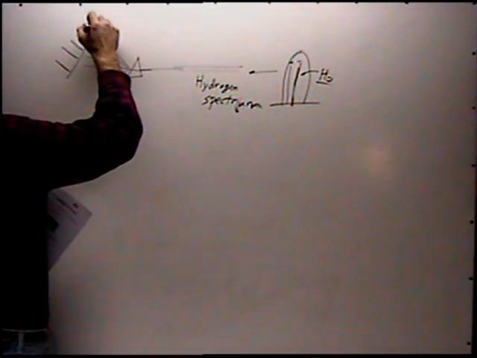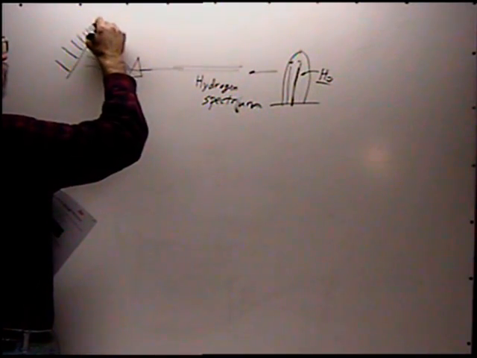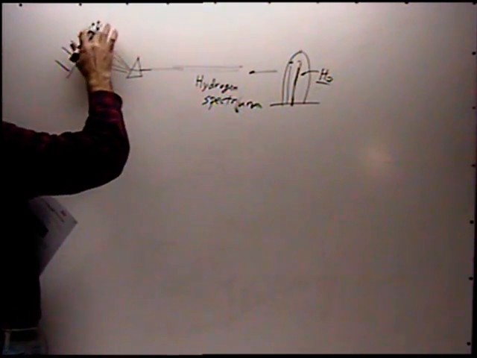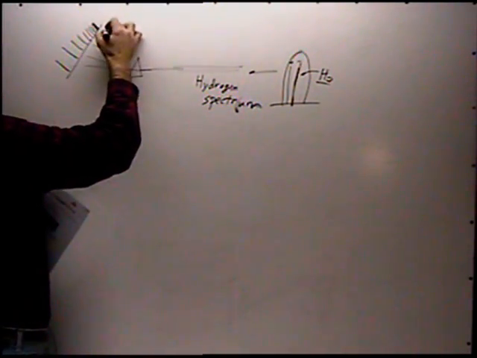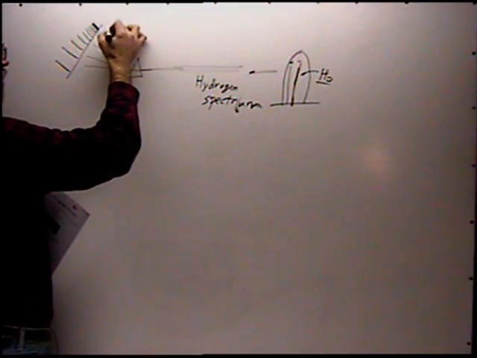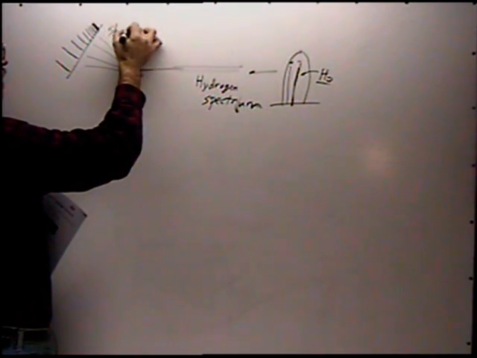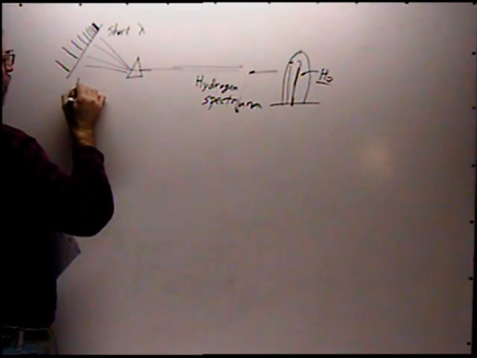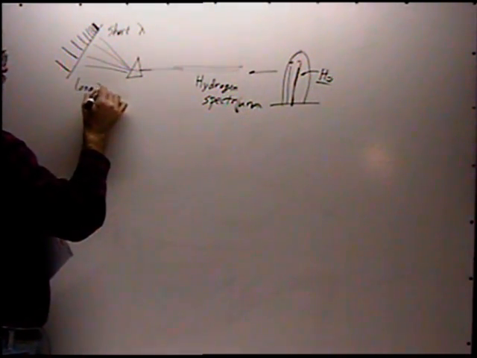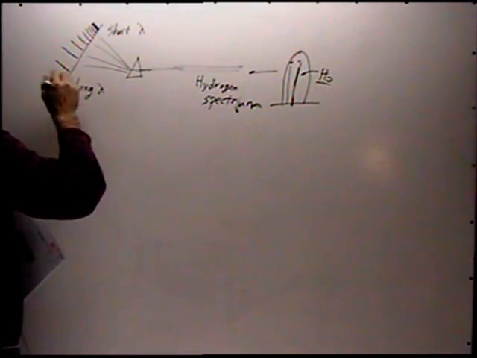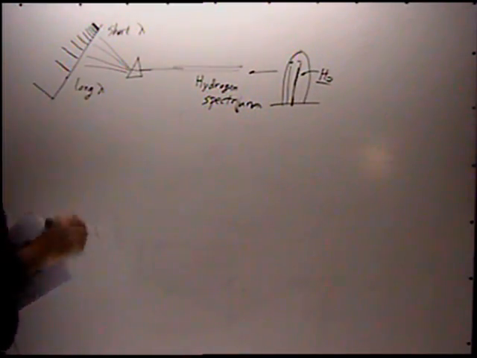At short wavelength they all jumble up, and as you go to long wavelength, they get longer and longer, and the spacing gets real long out here.